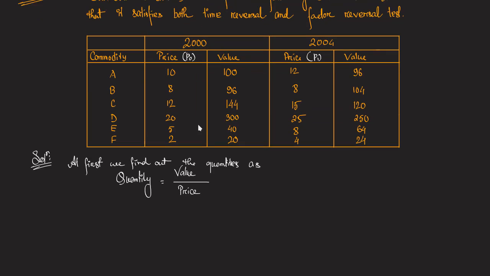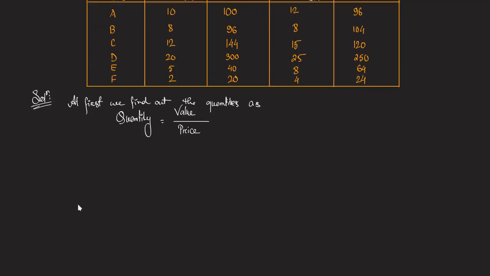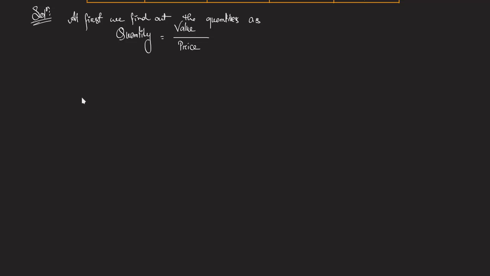Then we can create another table which will have commodities A, B, C, D, E and F. We have P0, we have Q0, we have P1, we have Q1.